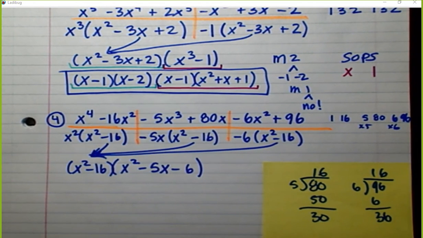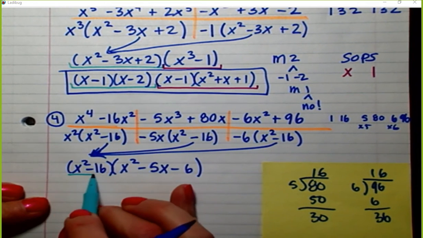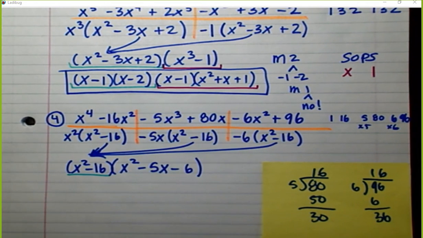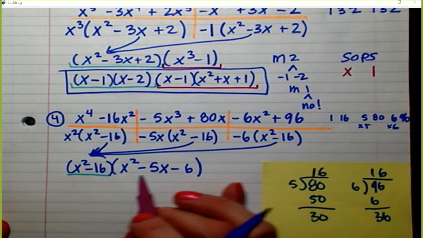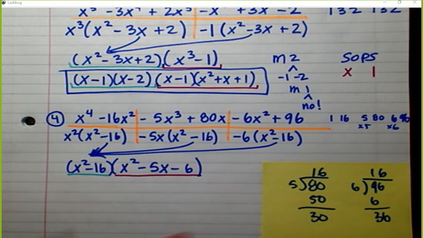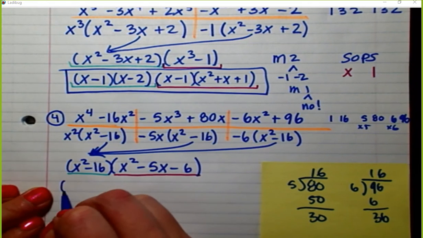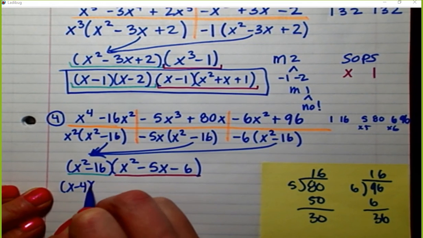Oh, iteration number 2. So we've got 2 quadratic factors. You've got to check both of them, right? So you just loop back through your factoring choices. Difference of squares.